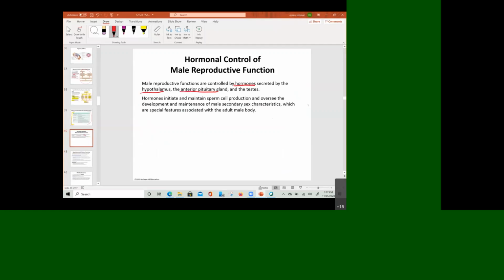Overall, the function of these hormones is to initiate and maintain sperm cell production. In addition to that, they also regulate the development and maintenance of male secondary sexual characteristics, like, for example, hair growth, deepening of the voice, and so on and so forth.